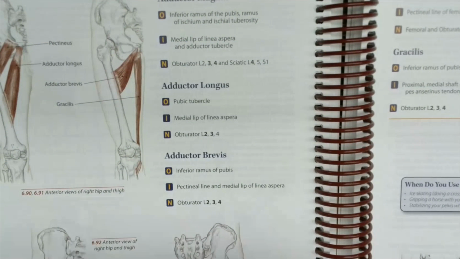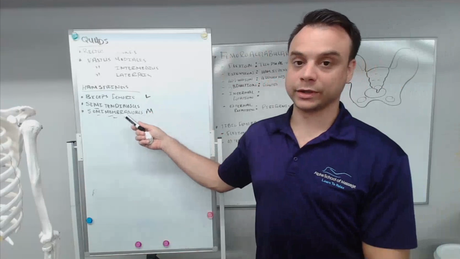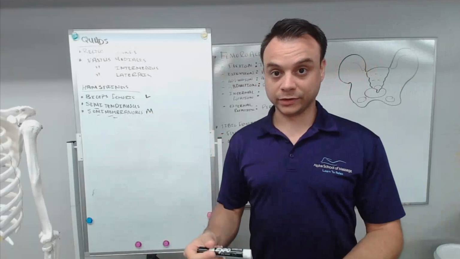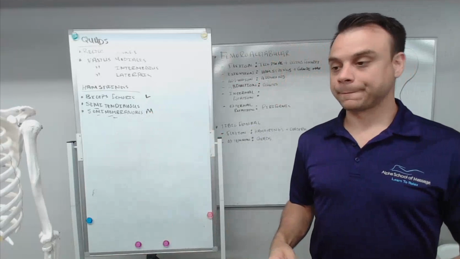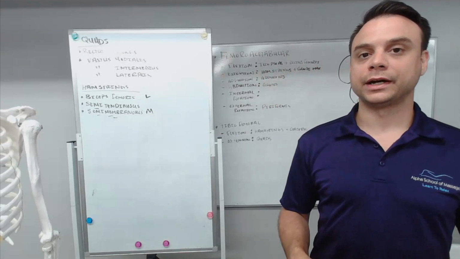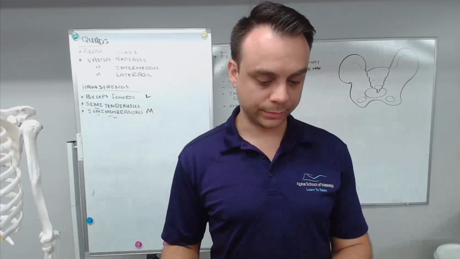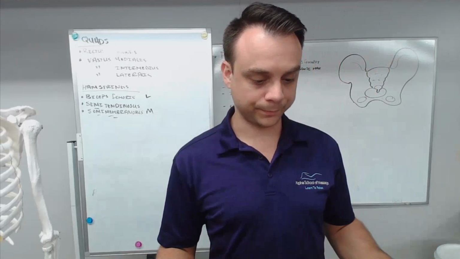There are three muscles that form the pes anserine insertion: the semitendinosus muscle, which we already looked at, the gracilis, which we just saw, and one other muscle that we'll find later on, the sartorius. And there should be a picture that will come up for the pes anserine insertion.